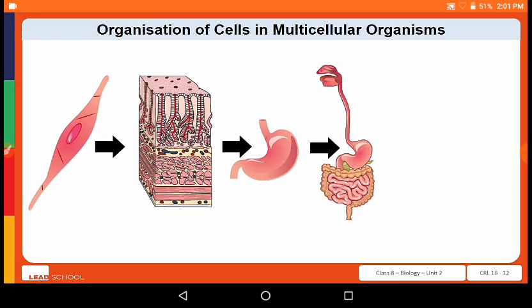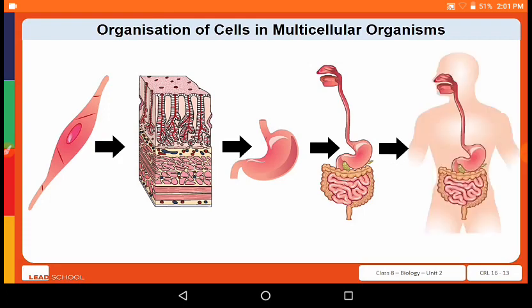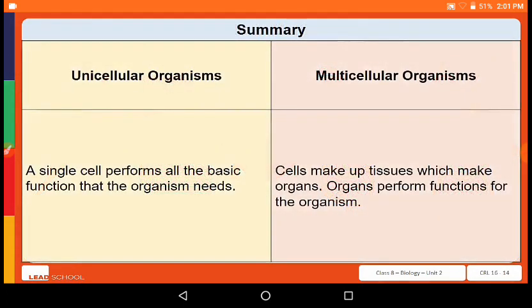Finally, all the organ systems together make up the multicellular organism. We have learned that while a single cell performs all the basic functions of life in unicellular organisms, in multicellular organisms, organs and organ systems perform different functions.